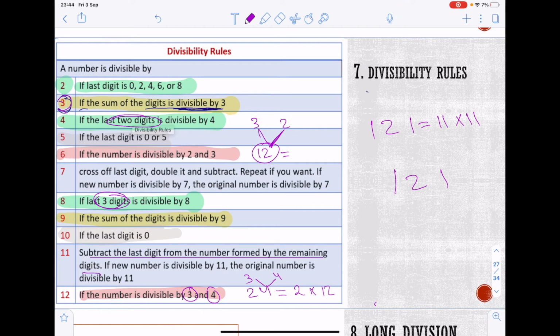So we add these two digits together, which is 2, then subtract it from these two digits. Here we have nothing, so we subtract it from 2, and we get 0. So it is divisible by 11.